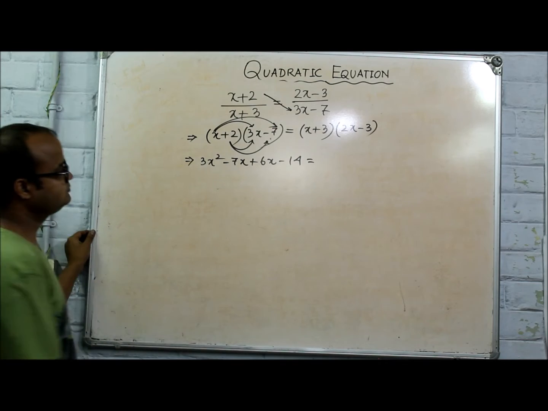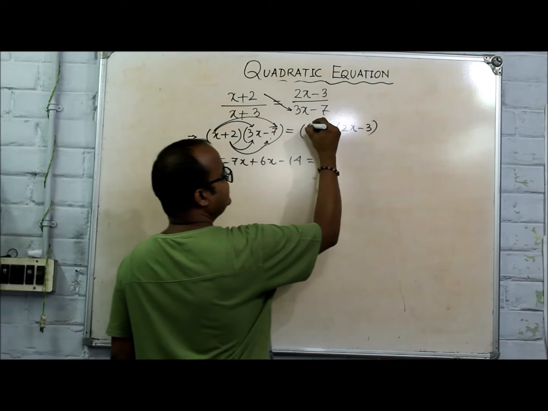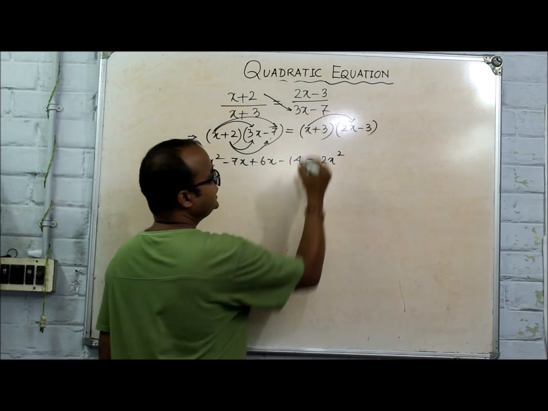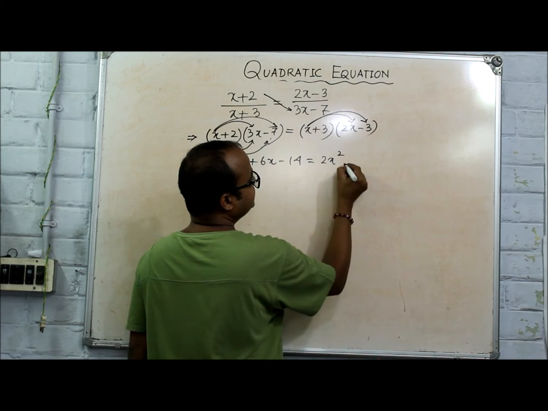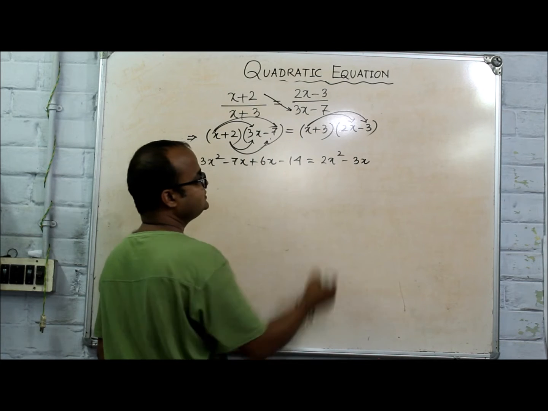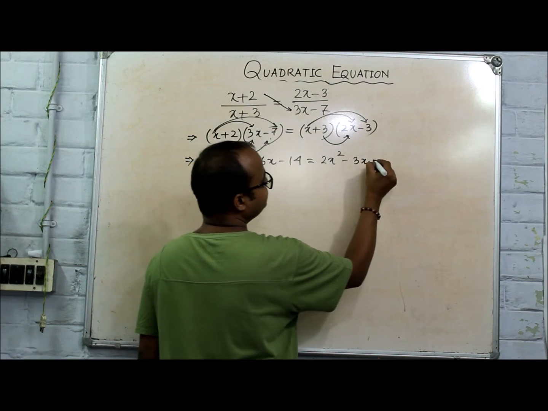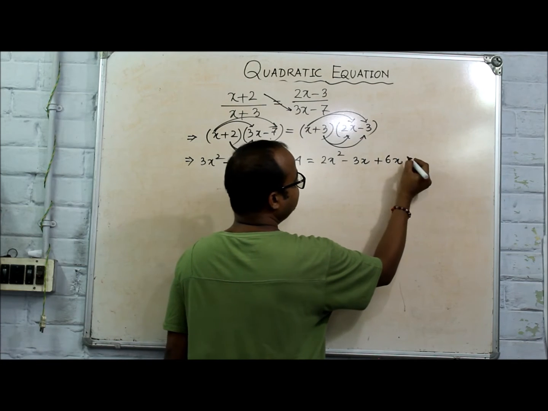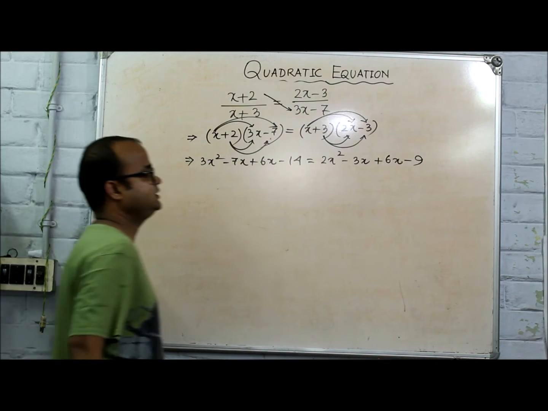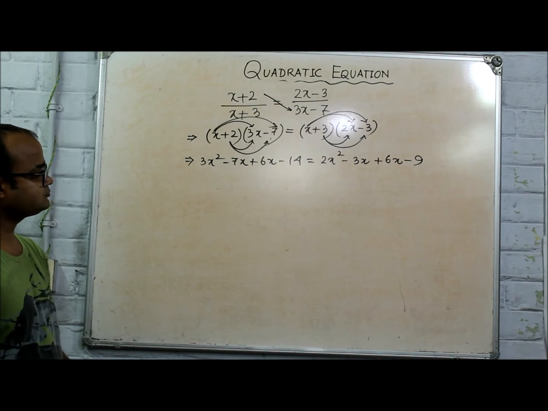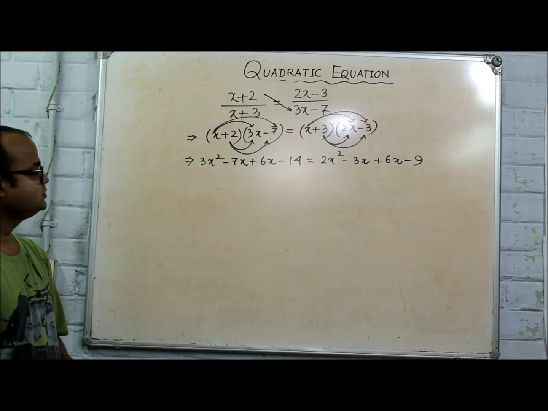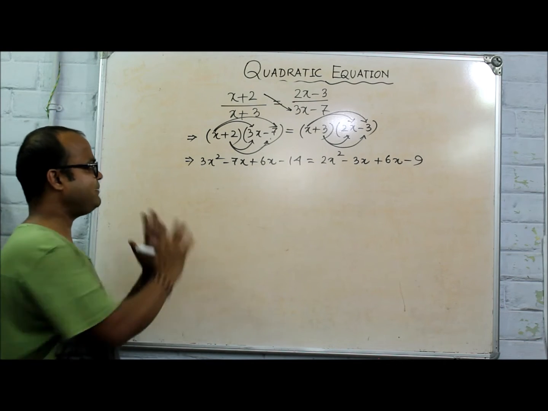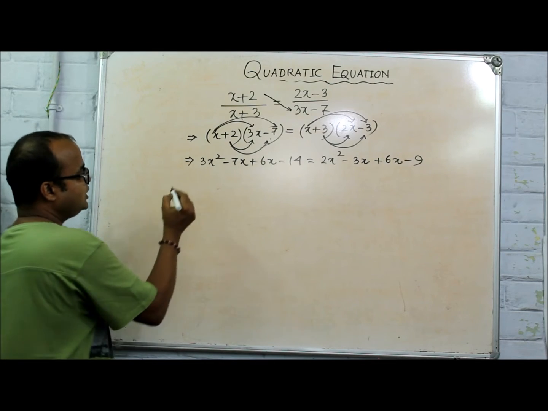Same way we multiply here x into 2x, 2x square, x into minus 3, minus 3x, 3 into 2x is equal to plus 6x, plus 3 into minus 3 is equal to minus 9. Clear? We simply multiply applying the distributive law.